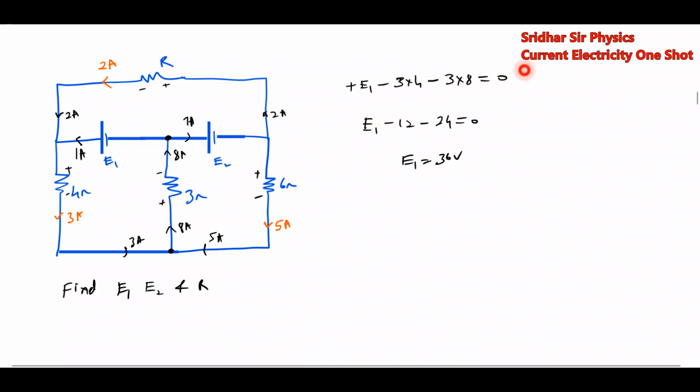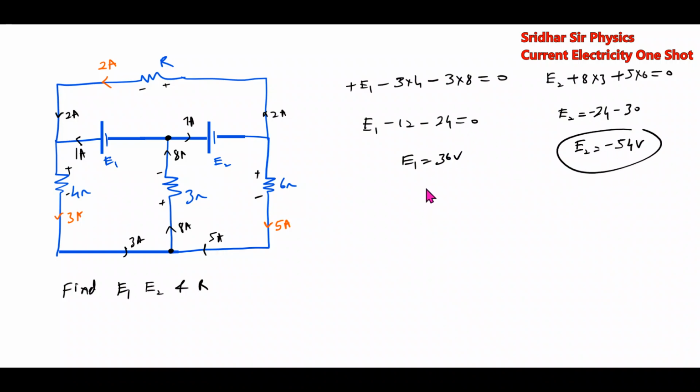Similarly, plus E2 plus 8 into 3 plus 5 into 6 equals 0. 24 minus 30, E2 equals minus 6.